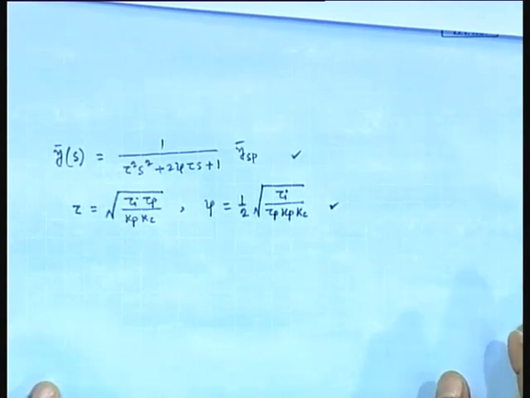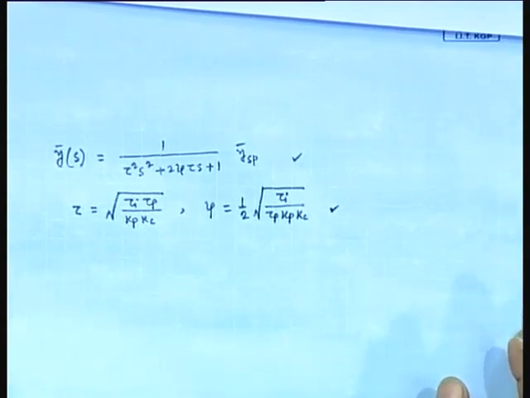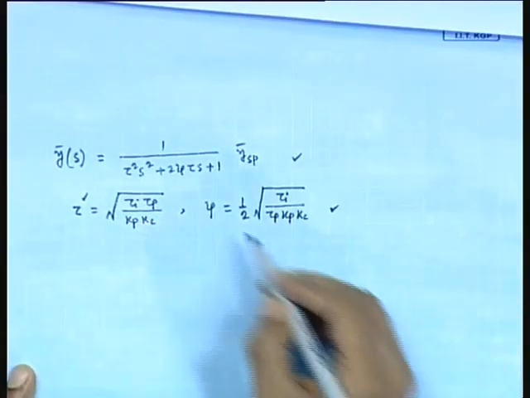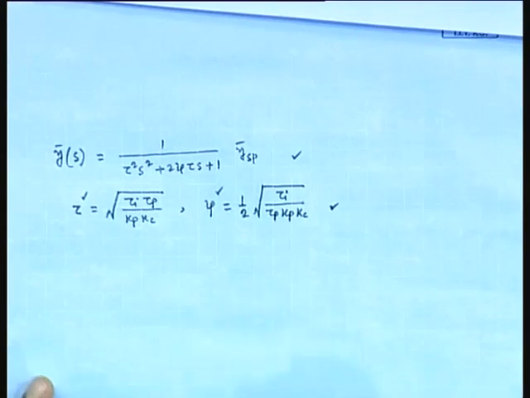From these correlations it is clear that tau and zeta both depend on the value of Kc and tau I, where Kc and tau I are the controller tuning parameters.